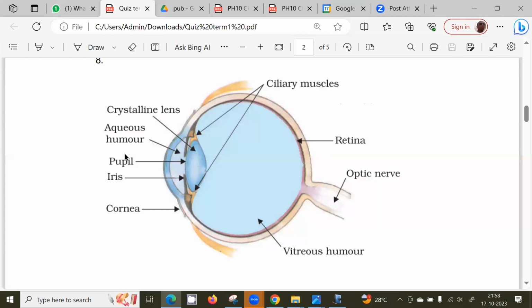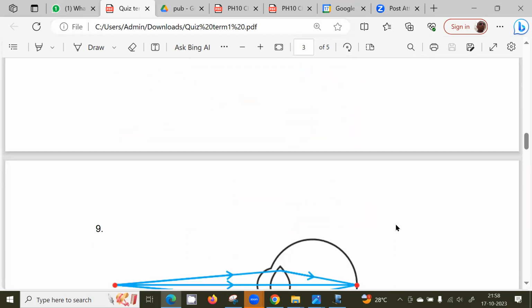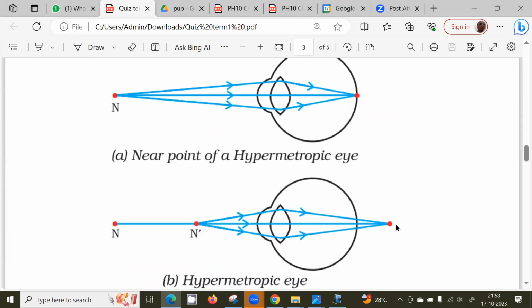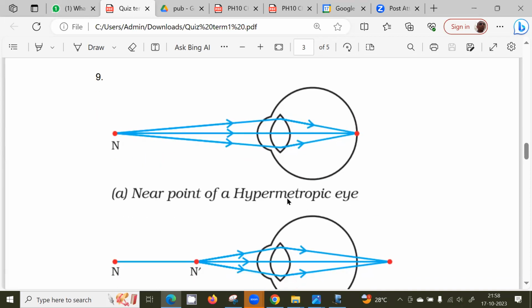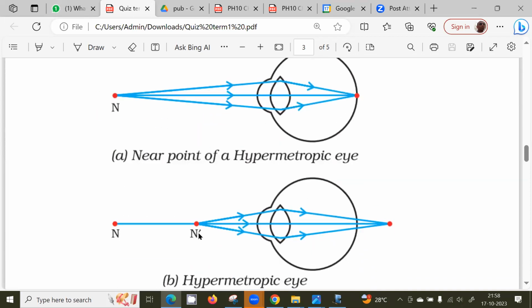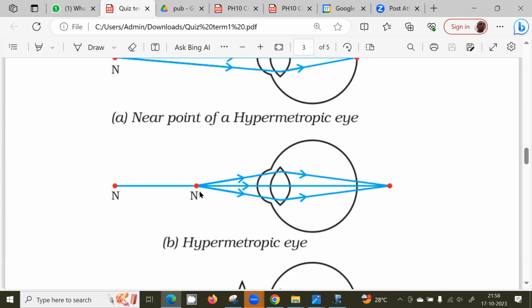These different functionalities you should know for the human eye. Now this eye with the defect. N prime is the 25 centimeter point. For this defective eye, which is a hypermetropic eye, for an object at 25 centimeters, the image is forming beyond the retina.